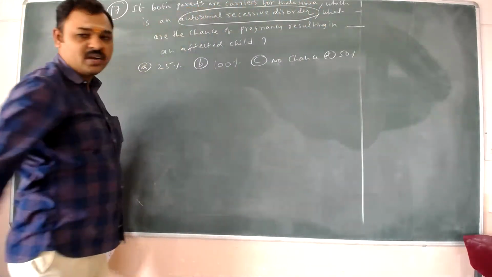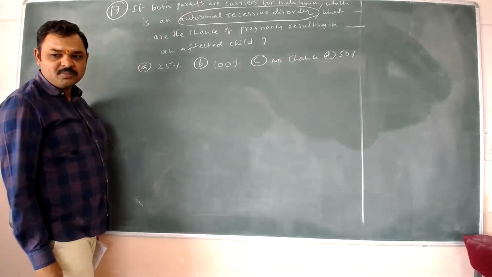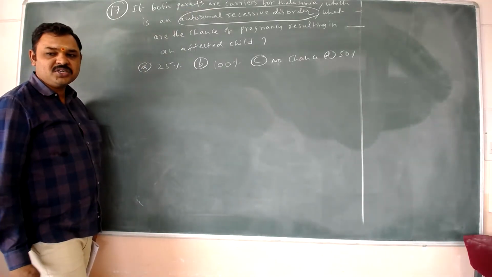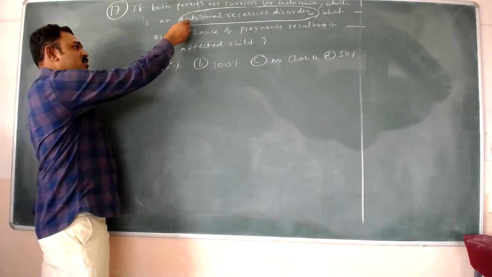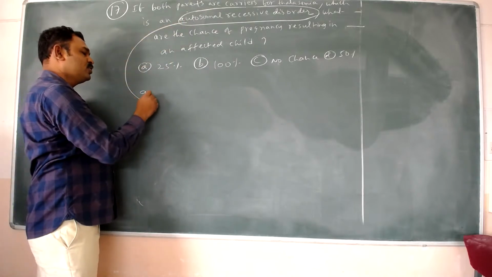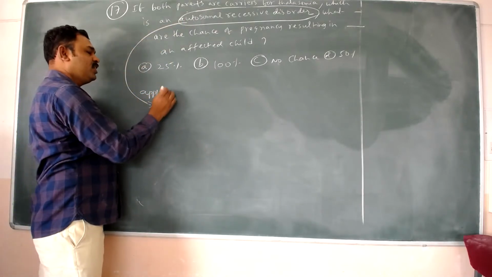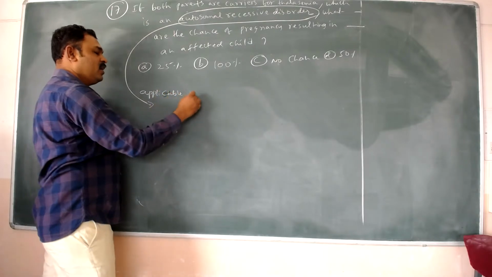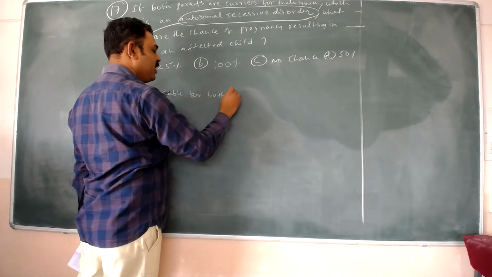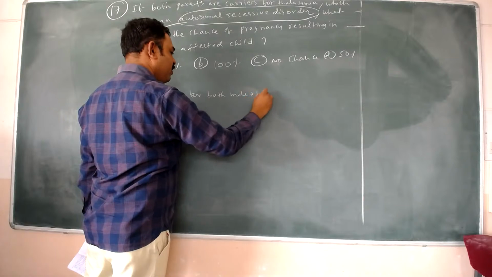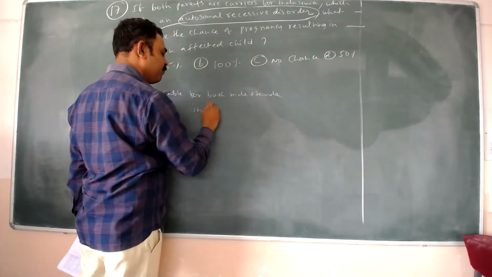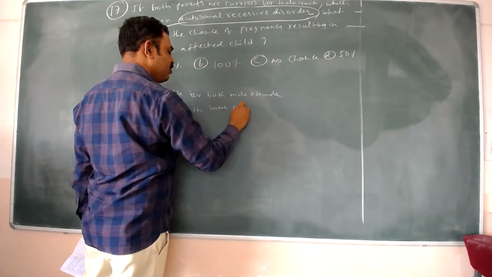Autosomal recessive disorder. What is the gene configuration? Autosomal means it is applicable to both male and female, in the same pattern. There is no change here.